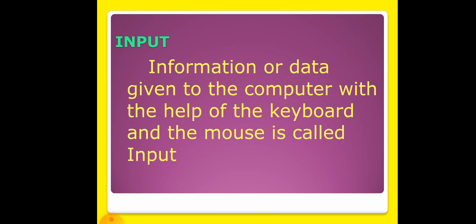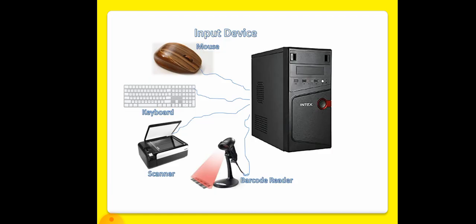Scanner, barcode reader, camera, microphone, all these are other examples which take input in another format. So information or data given to the computer with the help of input devices such as keyboard and mouse is called input. Got it, children?